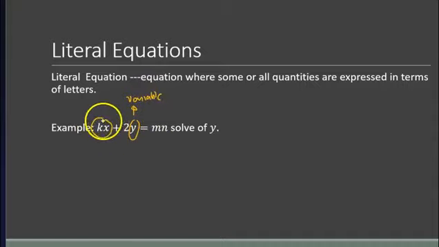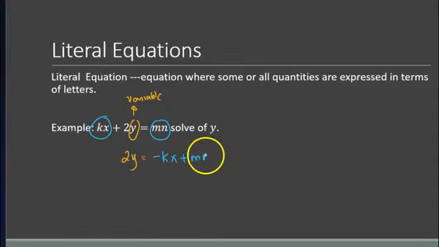So these are all constants. Let me use another color for that. We use the same rule. We want the variable on one side, and the constants we want to transpose to the other side. Just think of all the other letters as constants.